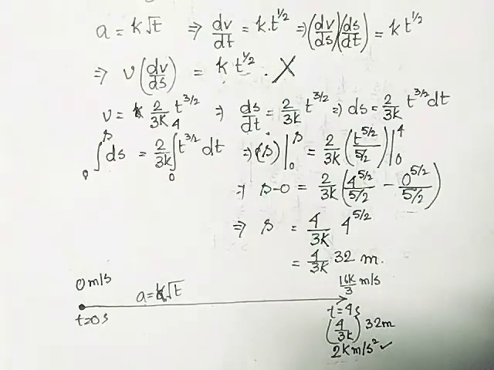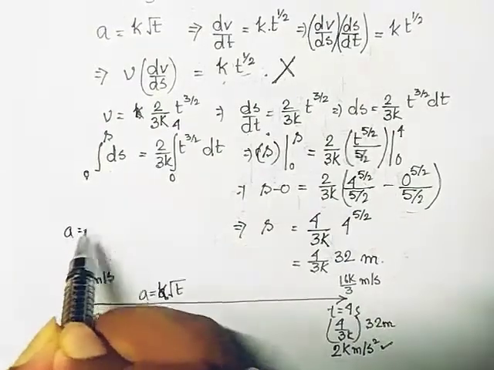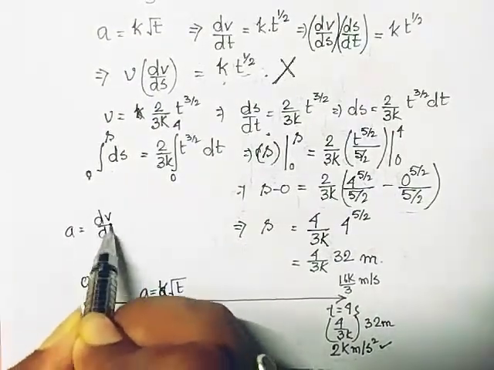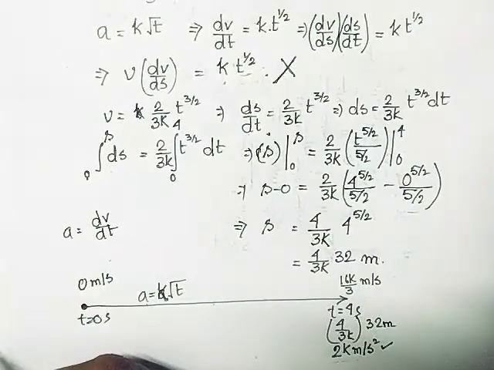We have to use integration here, because integration is concerned with each and every little instant of time. When I am writing down that a equal to dv/dt, you know what it actually means?